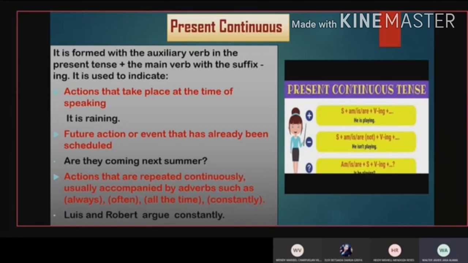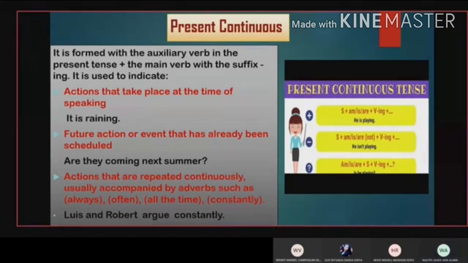Actions that are repeated continuously, usually accompanied by adverbs such as always, often, all the time, constantly. For example, Luis and Robert are constantly arguing.